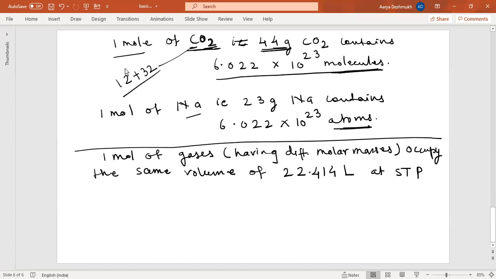STP means standard temperature and pressure.